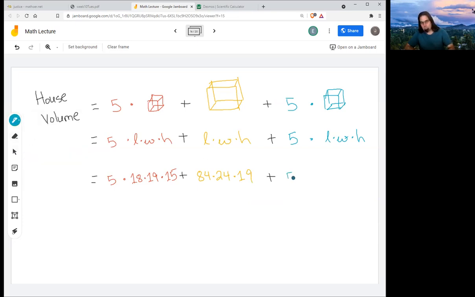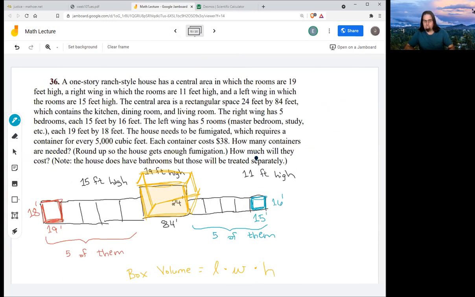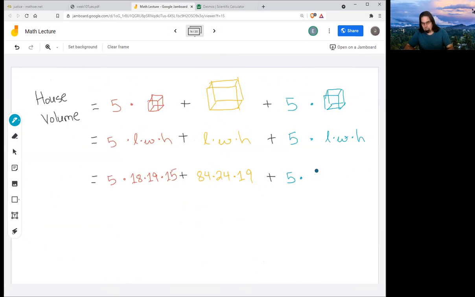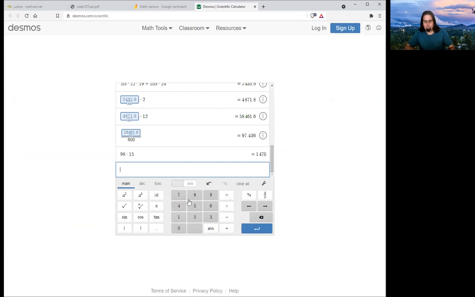And then the smaller rooms on the right were 15, 16, and 11. So 5 times 18 times 19 times 15, was it?